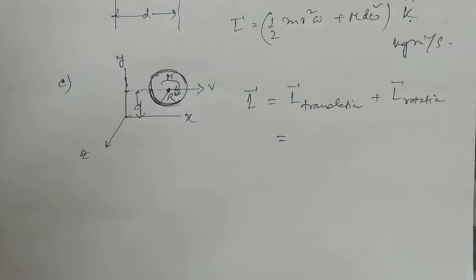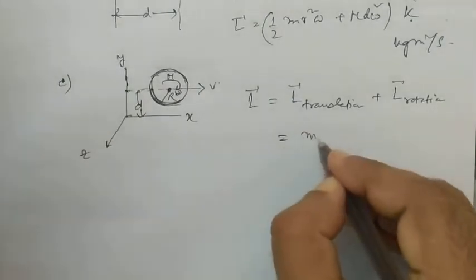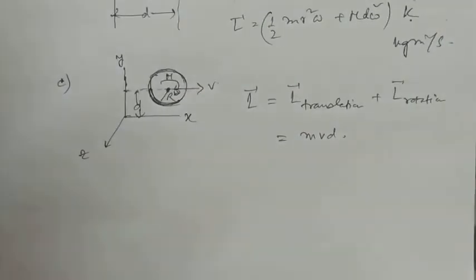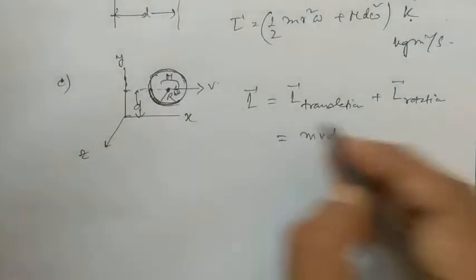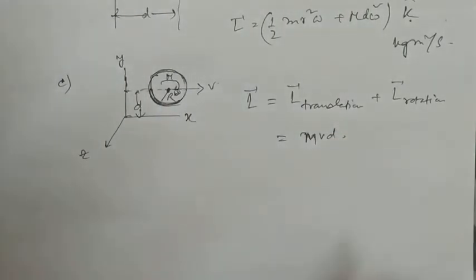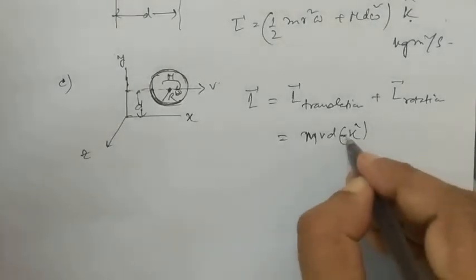Now what is the translational value? It will be m v d. The mass was capital M. m v d. The direction will be plus k, no, rather minus k, sorry.